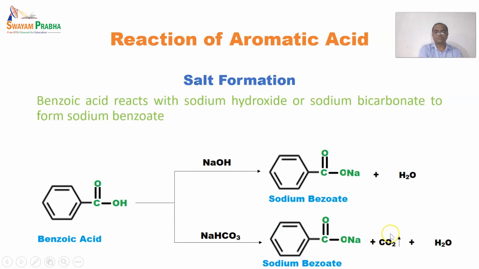CO2 will evolve, and when the CO2 evolution stops, at that time all the benzoic acid has been converted to sodium benzoate, because we are using a saturated solution of sodium bicarbonate in excess with benzoic acid. So stoppage of CO2 liberation indicates that all of the sodium benzoate is formed from benzoic acid.